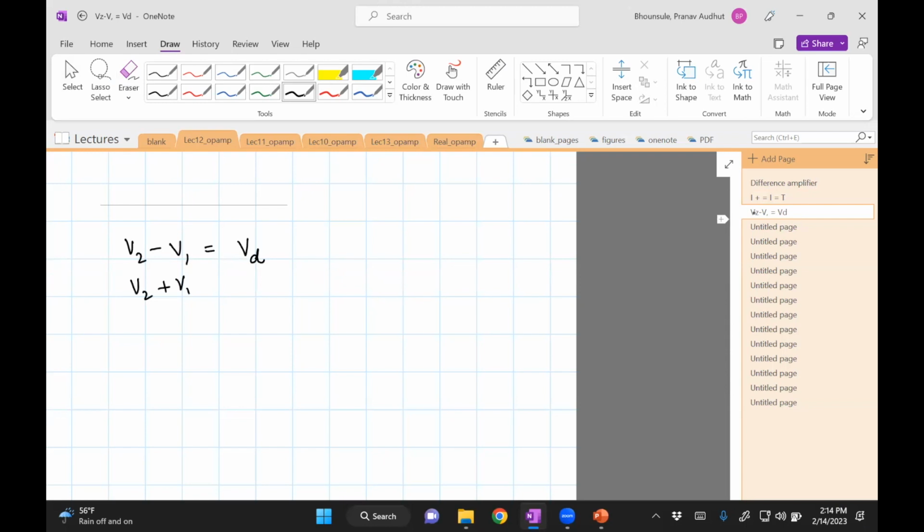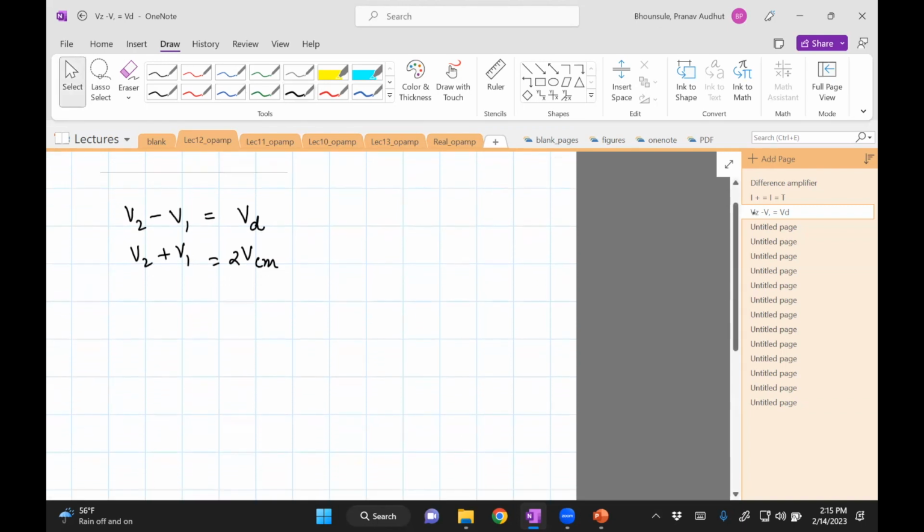And let's call the average VCM, in other words, V1 plus V2 is 2 VCM. I'm just doing this trick to make our life easier. I'll try to eliminate V1, V2, and write in terms of VD and VCM, VCM being the average, and then we'll try to find relations between the resistors so that we get what we want, which is the difference.